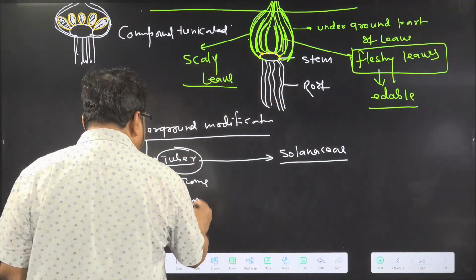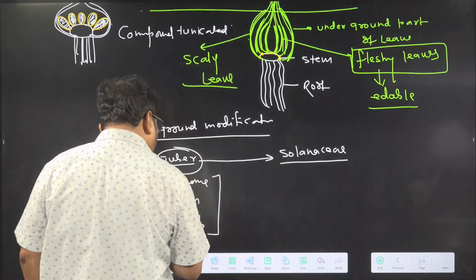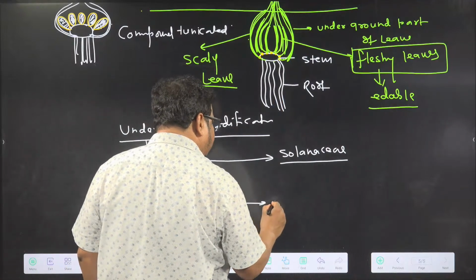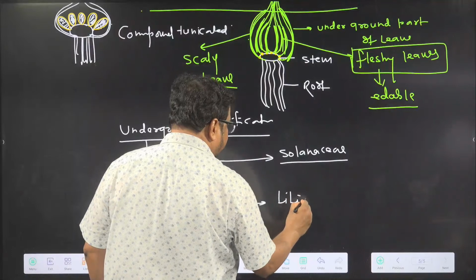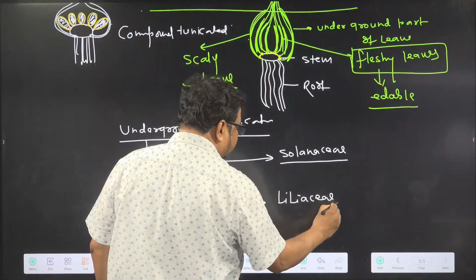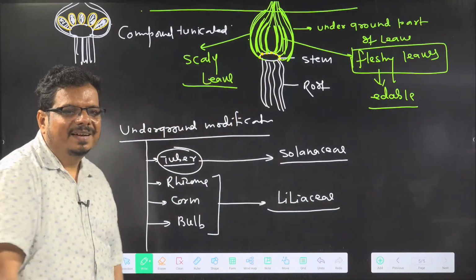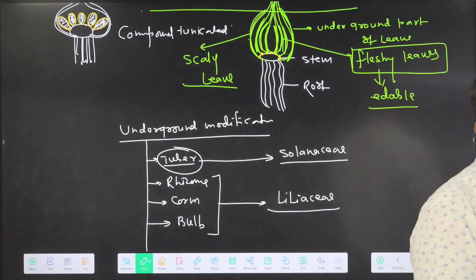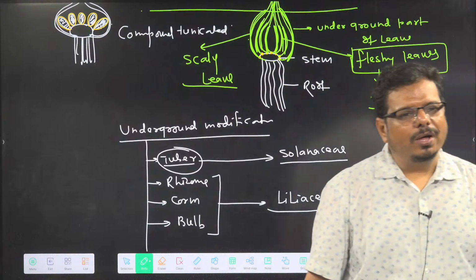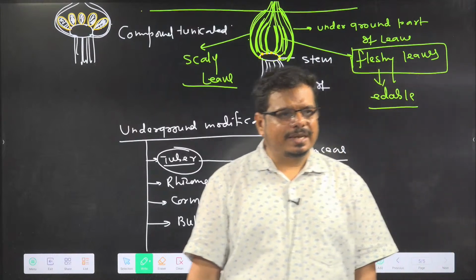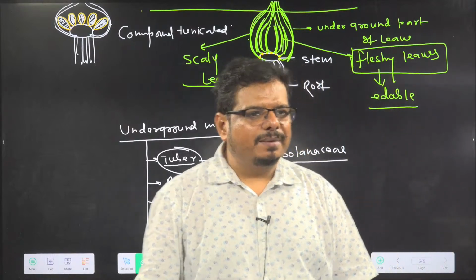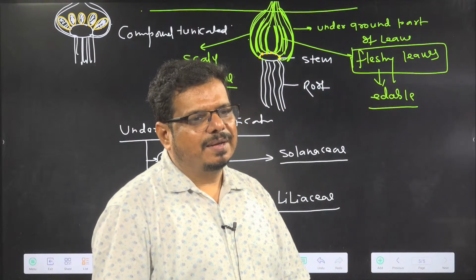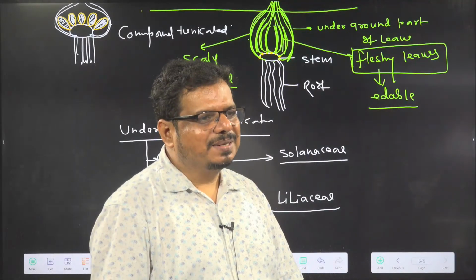And these other three modifications, rhizome, corm and bulb, are present in which family? Liliaceae family. Except tuber, all three modifications of a stem are present in the Liliaceae family. Clear? The picture came.